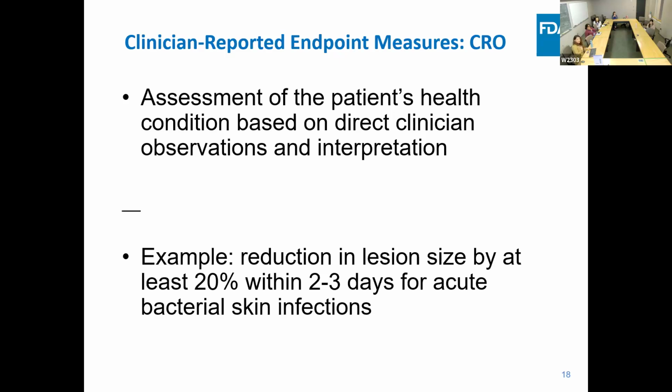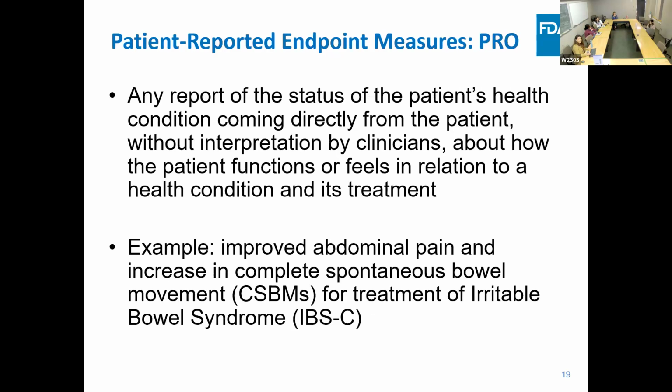One example of an endpoint is clinician-reported endpoint measures. So this might be clinician observation and interpretation. For example, if you're doing a derm drug, it might be how small the rash got within that phase of therapy.